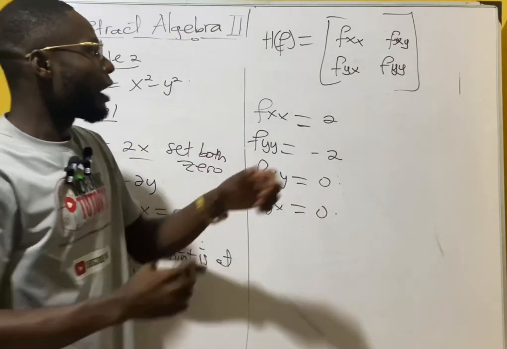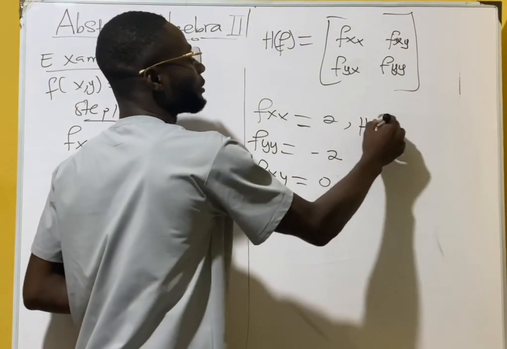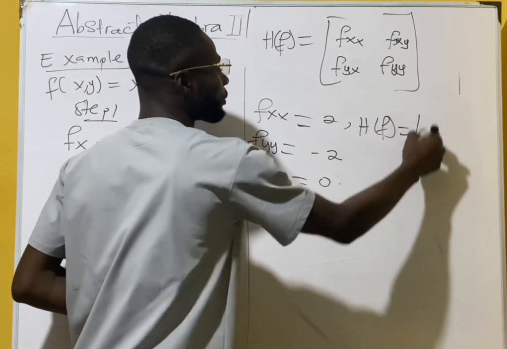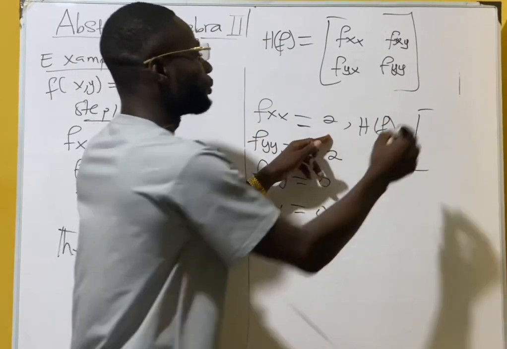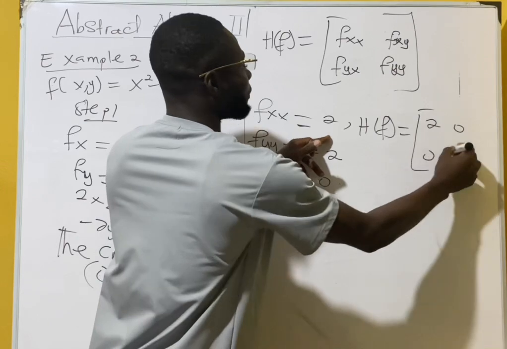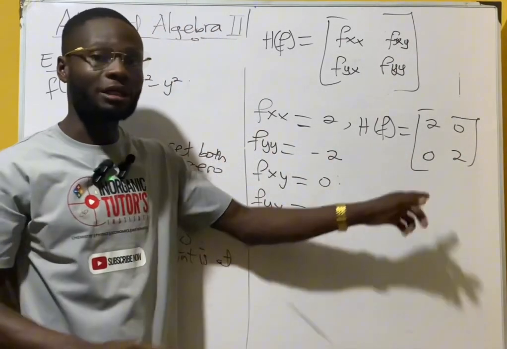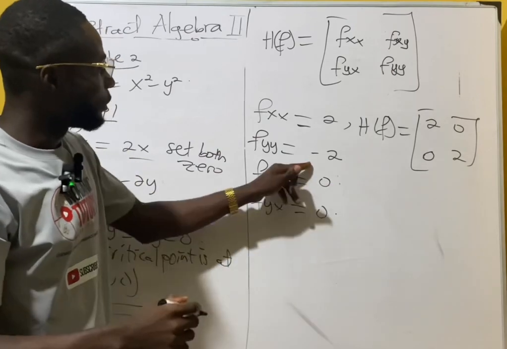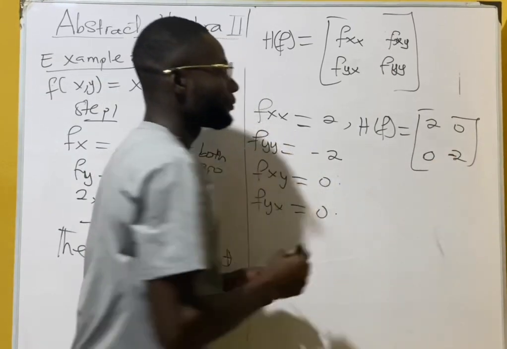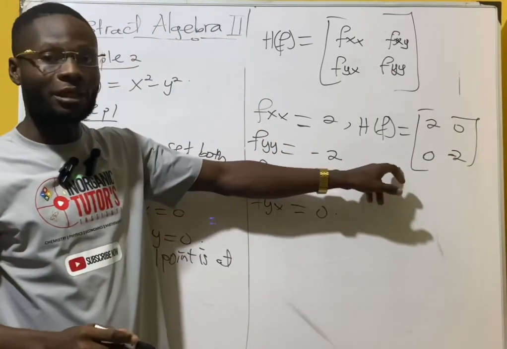So our Hessian matrix, H of f, will be [2, 0; 0, -2]. So this is our Hessian matrix.